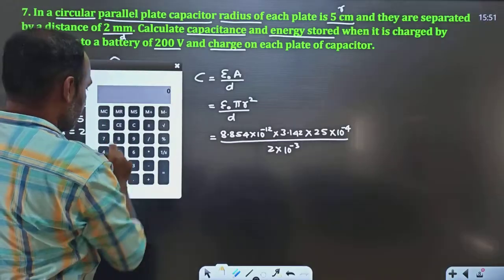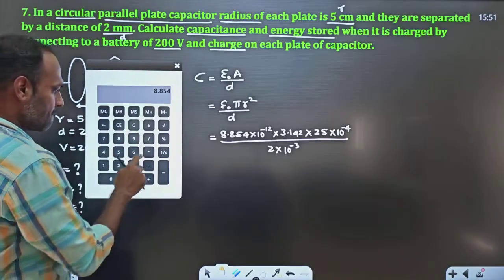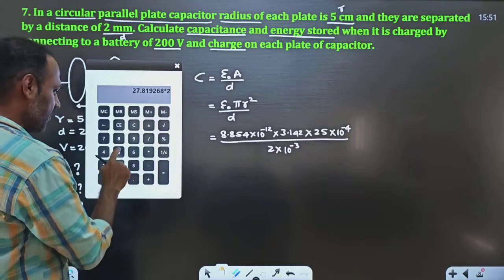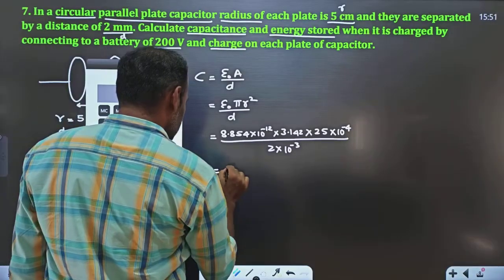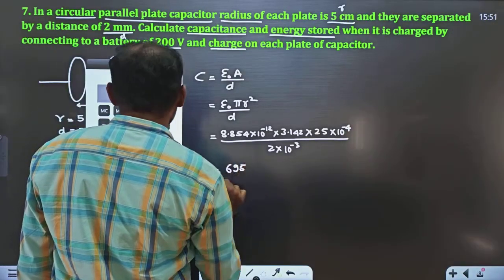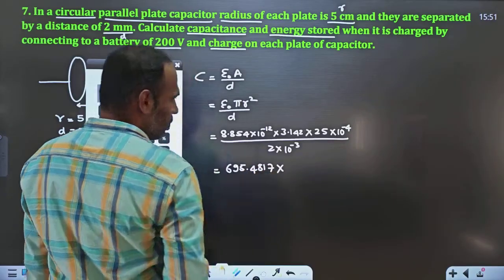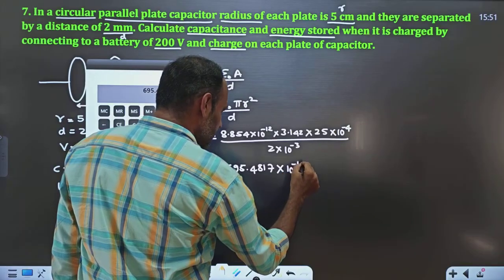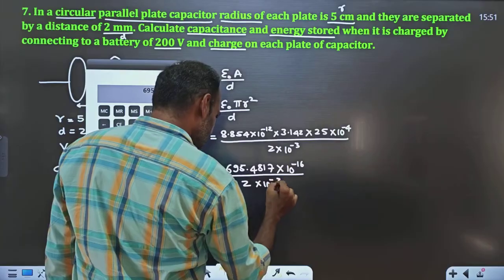We will get 8.854 into 3.142 into 25. So this is 695.4817 into 10 to the power minus 12 minus 4, will be 10 to the power minus 16, divided by 2 into 10 to the power minus 3.